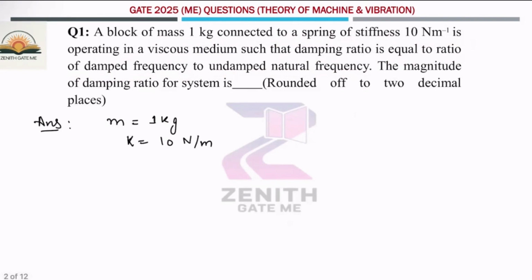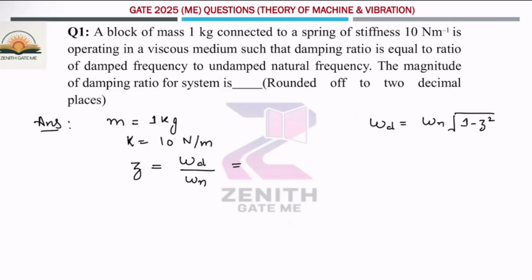And it is mentioned the damping ratio, which is generally denoted with zeta, is equal to the ratio of damped frequency to the natural frequency. And you know that the damped frequency is nothing but omega n square root of 1 minus zeta square.